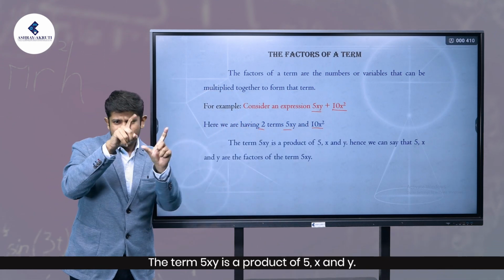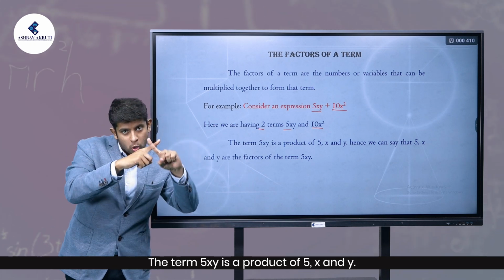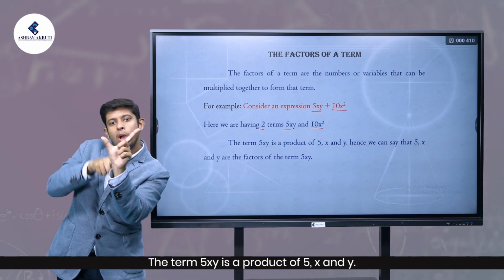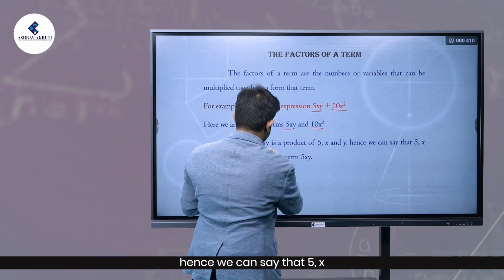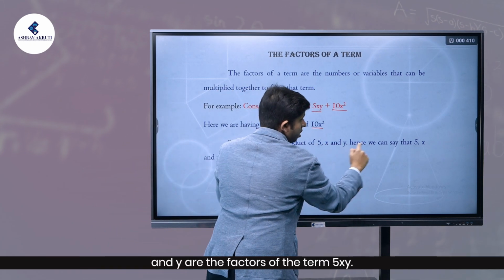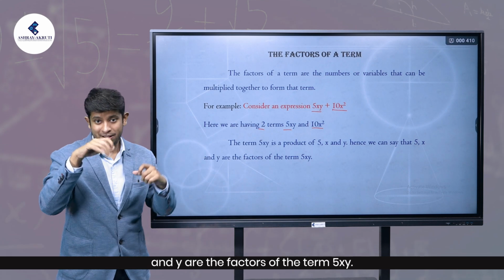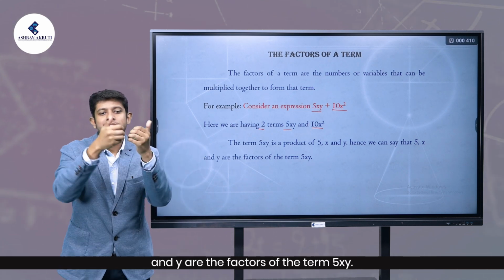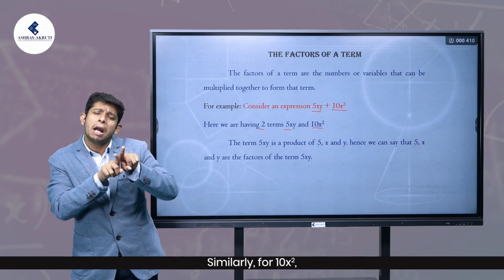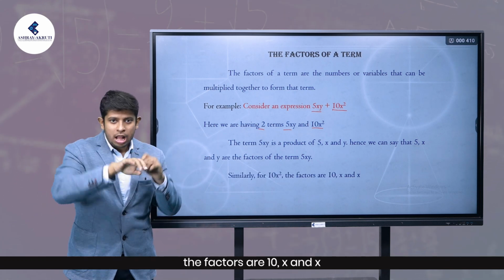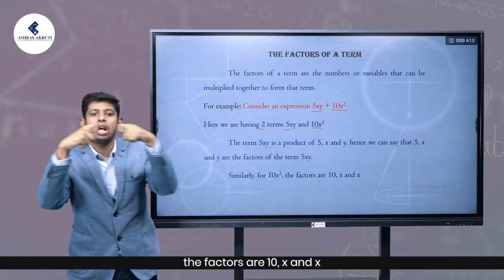The term 5xy is a product of 5, x and y. Hence, we can say that 5, x and y are the factors of the term 5xy. Similarly, for 10x square, the factors are 10, x and x.